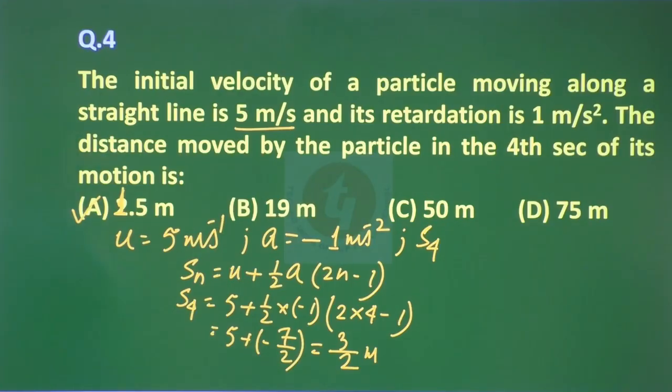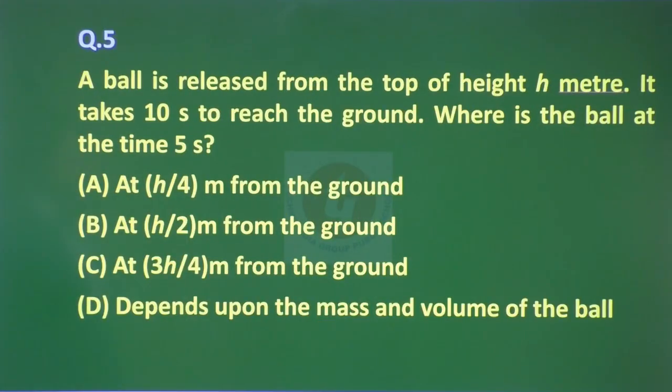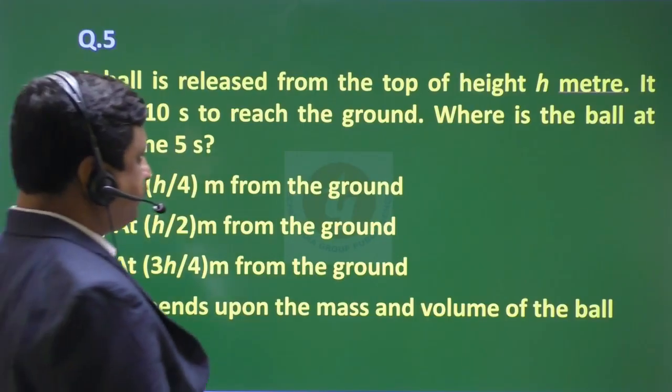Okay, is it clear? Next, numericals. A ball is released from the top of a height h meter and it takes 10 seconds to reach the ground. Where is the ball at the time 5 seconds? Very good numericals.